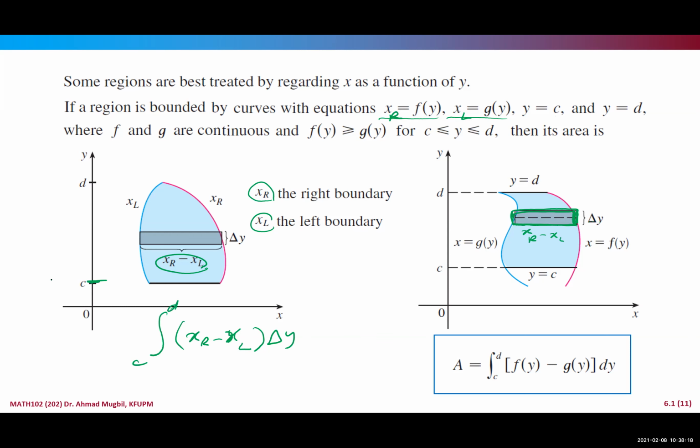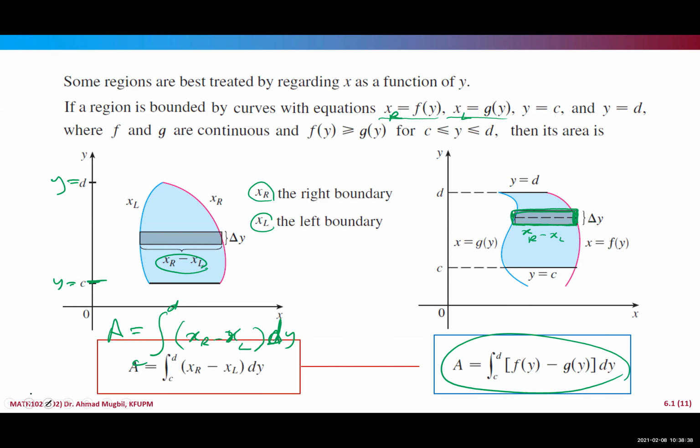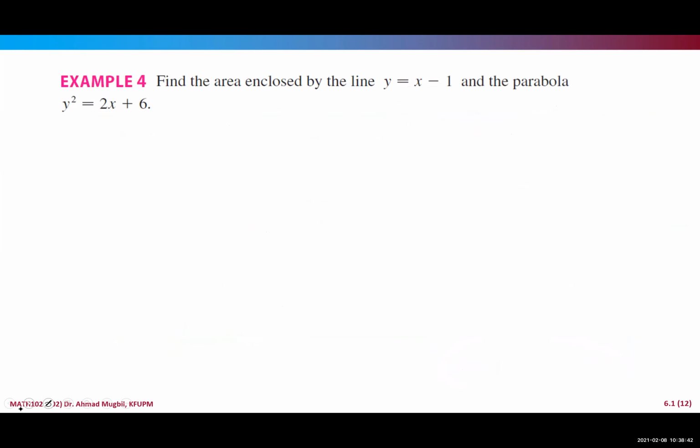Look, y starts from c up to d, and you will make it an integral. Instead of delta y, just write dy. And of course, the same idea: if you are sure who is to the right and who is to the left, you can do that. If you are not sure, take the absolute value and consider splitting the integral into two integrals or three integrals and so on, according to what you have.